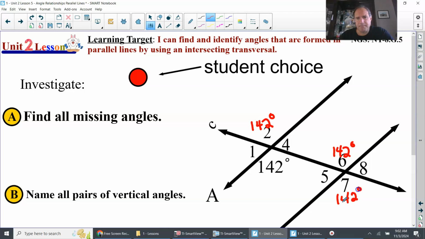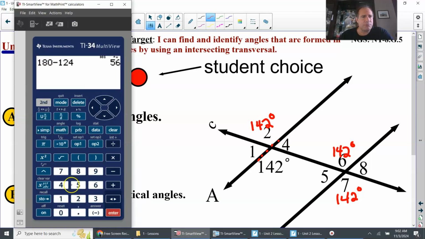Obtuse, remember, it's part of a straight line. So we're going to take 180 minus the 142, and we're going to grab our calculator just to make sure. 180 minus 142 is 38 degrees. So we know that this is 38 degrees.